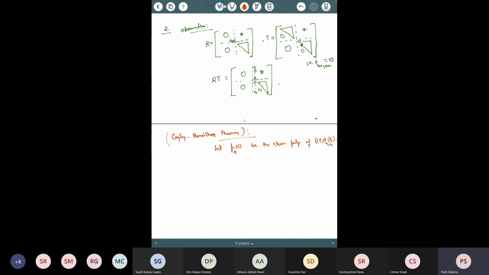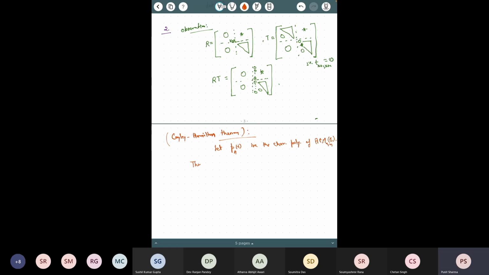That means every matrix satisfies its characteristic polynomial. Because the proof in the complex case is much easier, I will do it for the complex case. But remember that this result is true even when the matrix is over some other field.